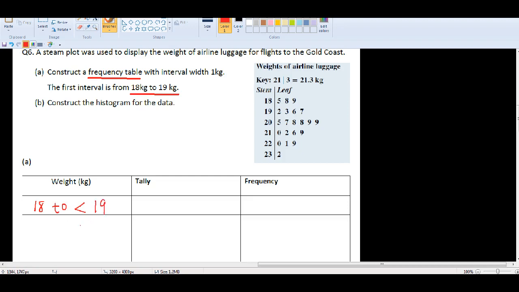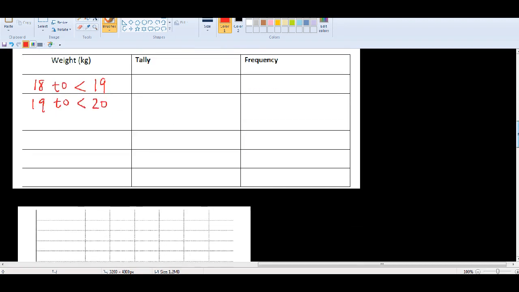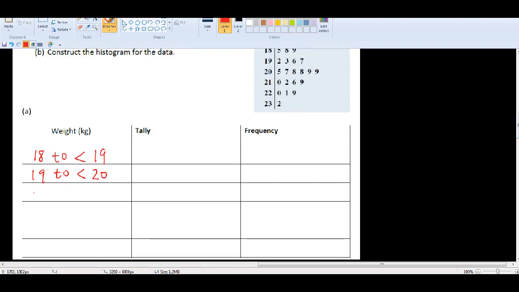That would be the first one, and the second one should be 19 to less than 20. Okay, and 20 to less than 21, 21 to less than 22, 22 to less than 23, and 23 to less than 24. Alright, okay, so tally.